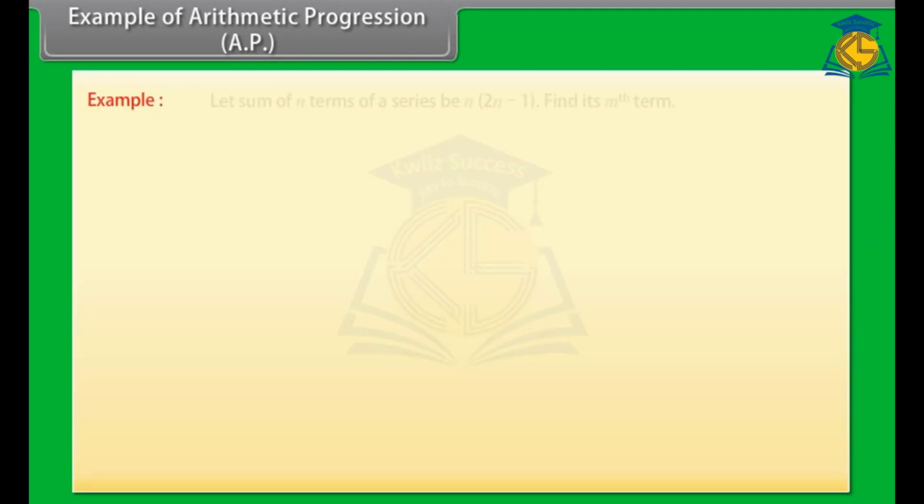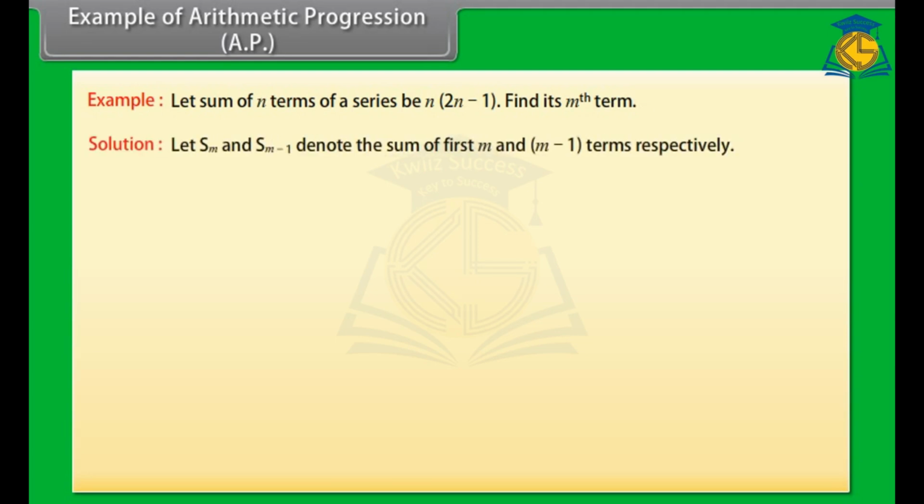Example: let the sum of n terms of a series be n into 2n minus 1. Find its mth term. Solution: let Sm and Sm minus 1 denote the sum of the first m and m minus 1 terms respectively. Sm is equal to T1 plus T2 plus T3 up to Tm minus 1 plus Tm.